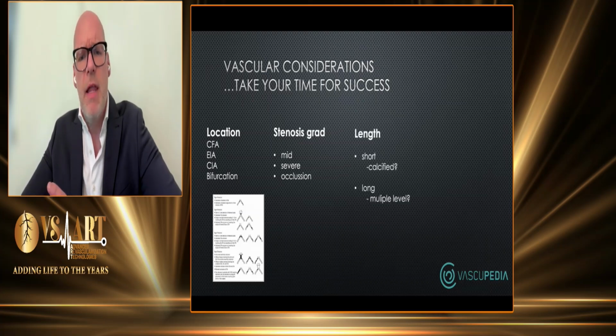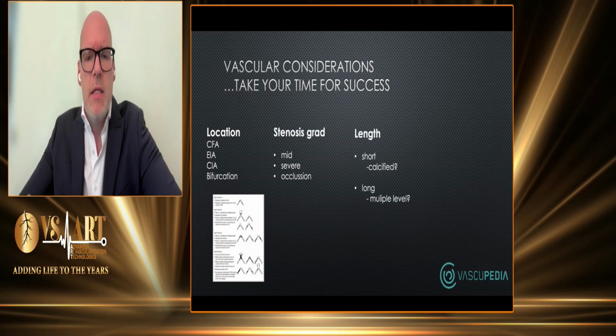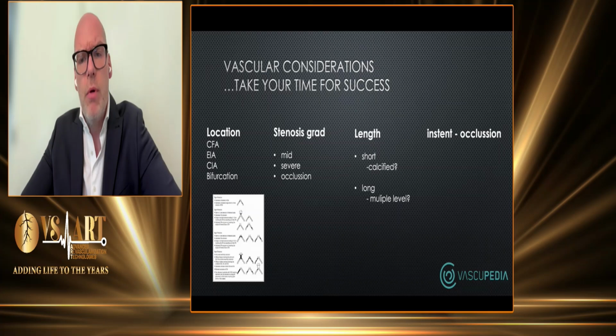And on what kind of length did we have? Is it in calcification? Is it in thrombus? Is it a multi-level stenosis? Or is it in mixed morphology, what we have to deal with? And also, did we treat an instant occlusion in that kind of area? Or have we all a new occlusion?